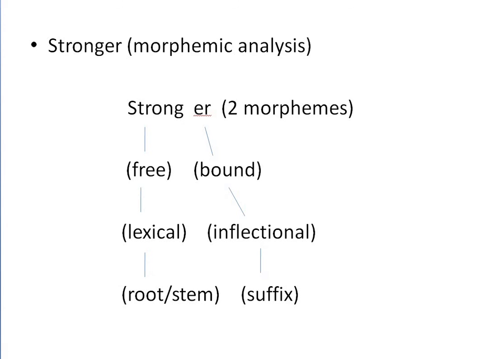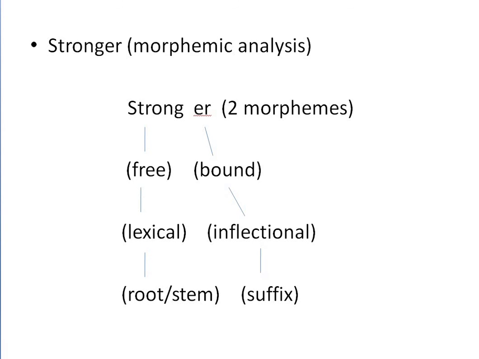Take another example, stronger. Morphemic analysis, strong and er. Strong is a free morpheme, er is a bound morpheme. Which type of free morpheme? Strong is an adjective, so it's a lexical, carries a meaning. And er is a bound morpheme, stronger, so it's a comparative form.